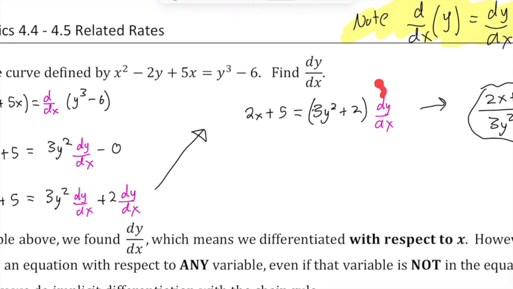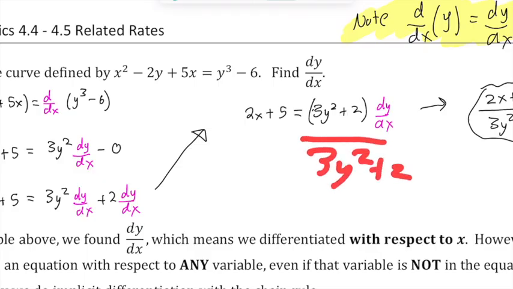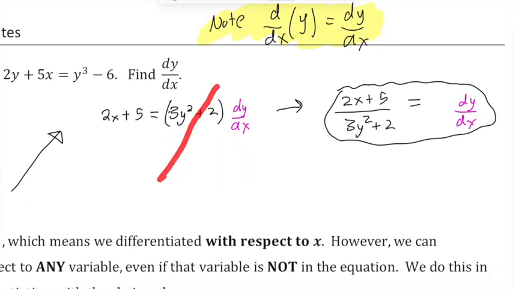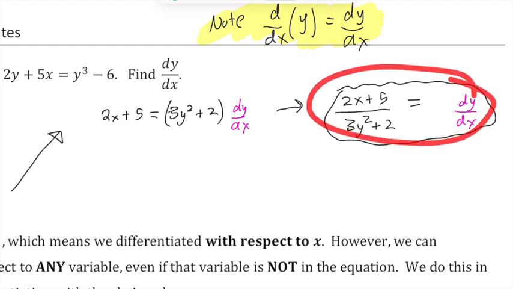If I distribute, 3y squared dy/dx is right here, and then plus 2 dy/dx. Then you divide by 3y squared plus 2 on each side, and we get our final answer.